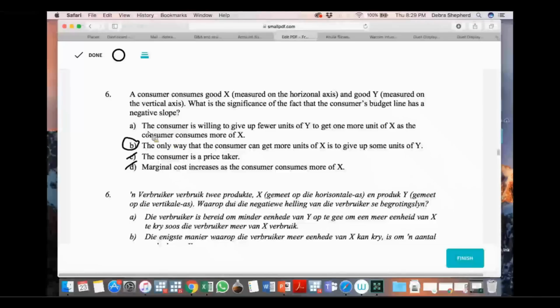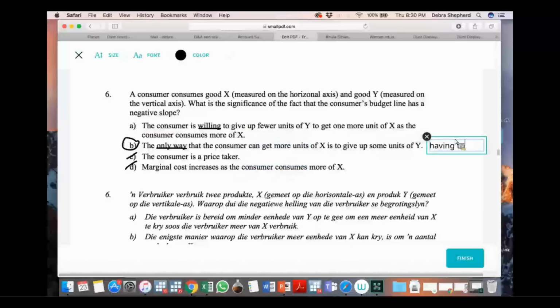If you read A, it says the consumer is willing to give up fewer units of Y to get one more unit of X as the consumer consumes more of X. Whereas B says the only way that the consumer can get more units of X is to give up some units of Y. So the difference between these two answers has to do with willingness and the only way, which says something about having to. So it's that distinction between having to do something and being willing to do something.